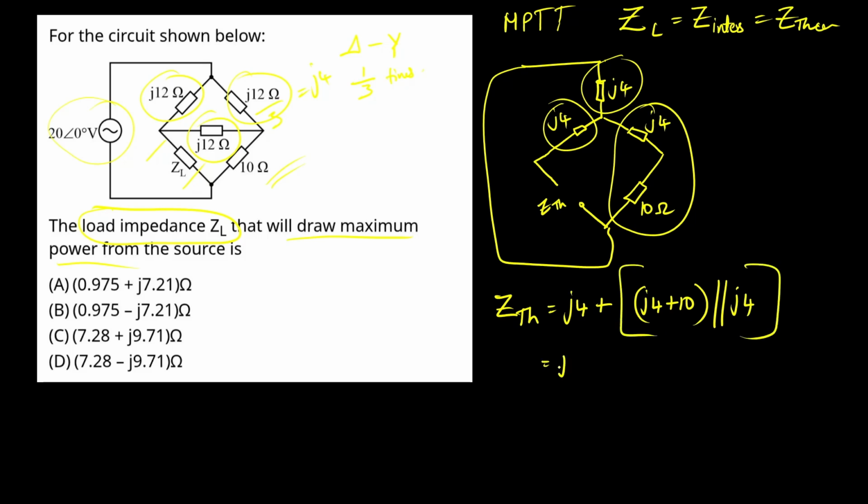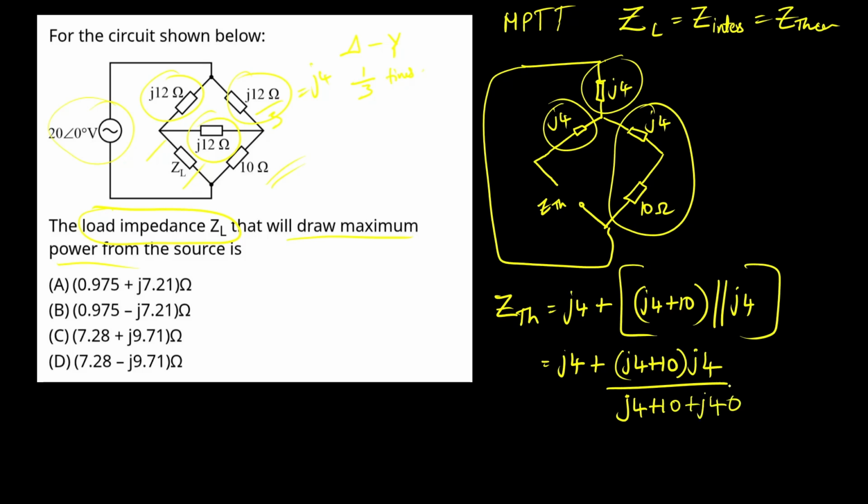So J4 plus J4 plus 10 into J4 divided by J4 plus 10 plus J4.